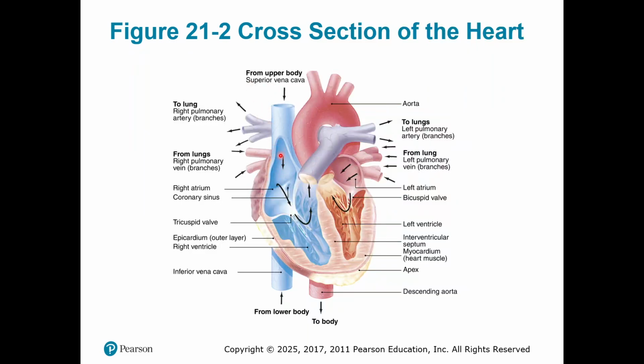Blood flows into the right atrium through the tricuspid valve into the right ventricle, through the pulmonic valve into the pulmonary artery right here and right here, where it goes to the lungs to be oxygenated. Once oxygenated, it comes back through the pulmonary vein into the left atrium here, through the bicuspid valve here, into the left ventricle, through the aortic valve, and then out the aorta to the body.